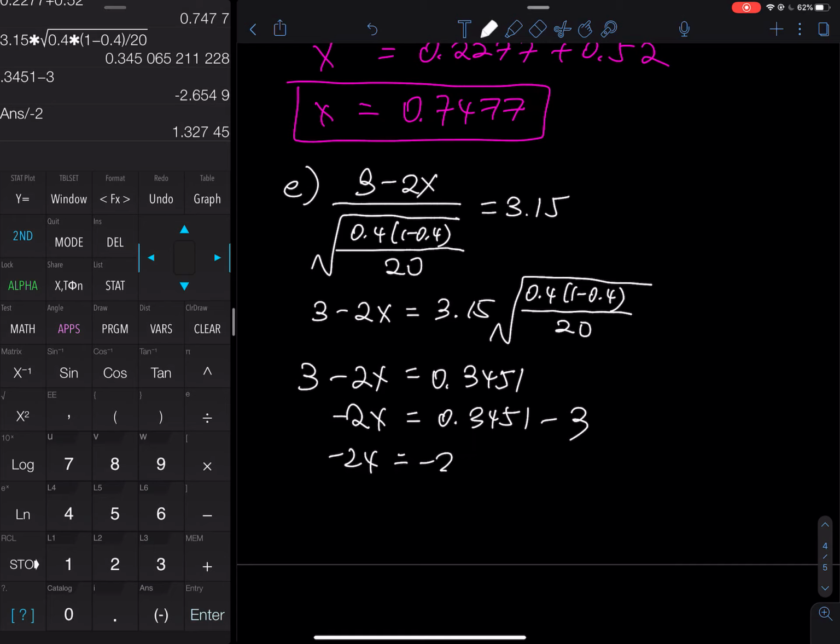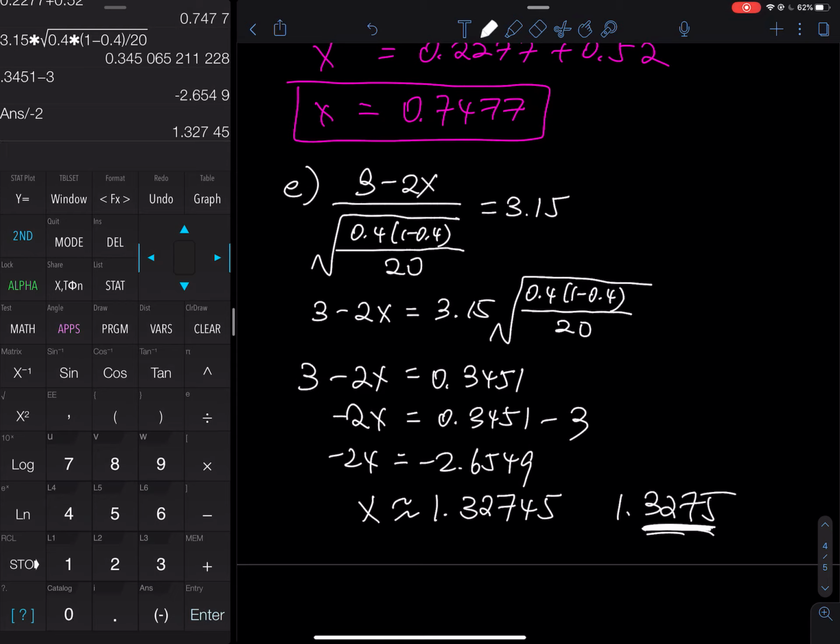Negative 2.6549, and then take this negative divided by negative 2. I have around 1.32745. Let's just keep all of them. If you want to stick with 4 decimal places, then that will be 1.3275. If you want to stick with 4 digits on the right hand side of the decimal point.